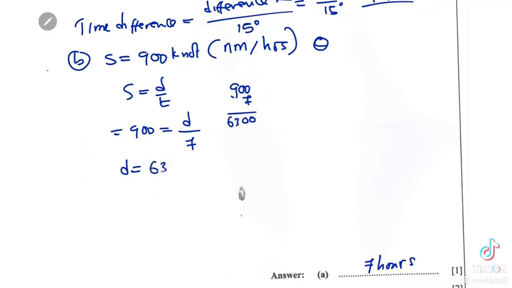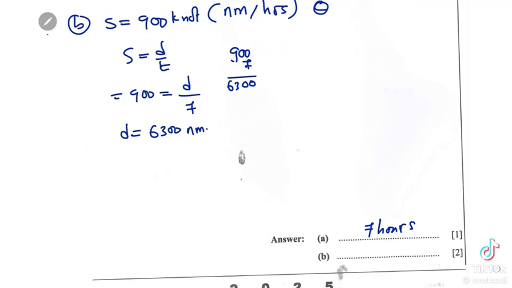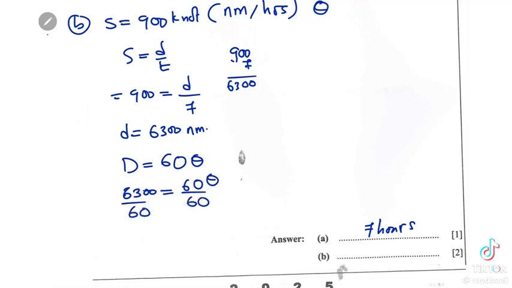6,300 nautical mile. Now that we have the distance, we can find theta by simply using distance equals 60 theta. So we put the distance, 6,300 nautical mile, equal to 60 theta. So divide by 60, divide by 60.